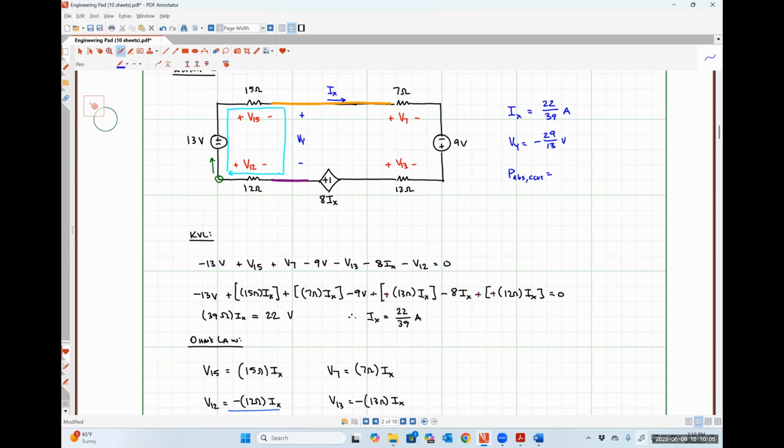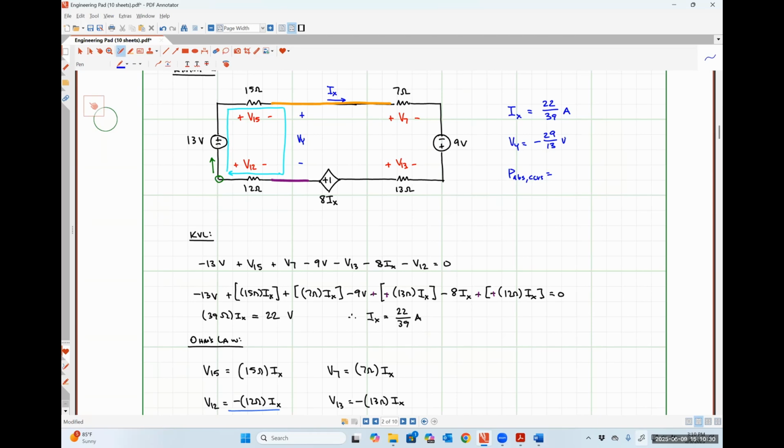I think you could do that, but that's probably not the most efficient use of our time. So let me ask you a question, Alex. What's the voltage drop across that dependent source? You don't have to give me a number. You can just tell me what it is symbolically, if you so choose.